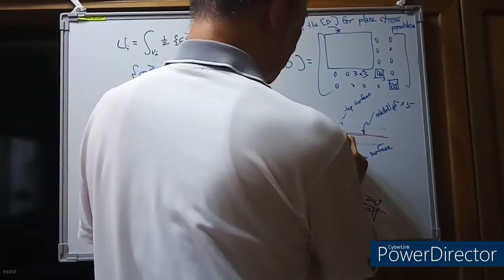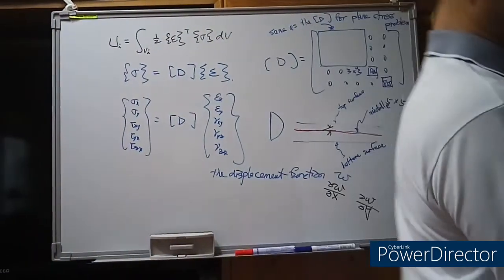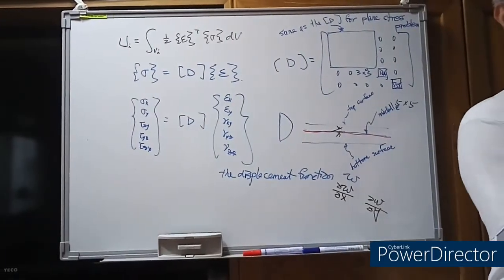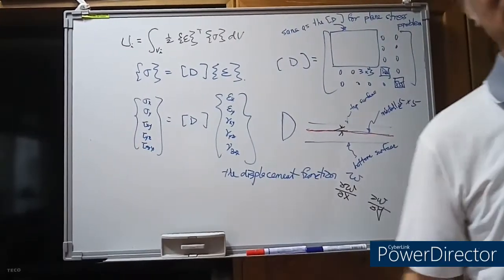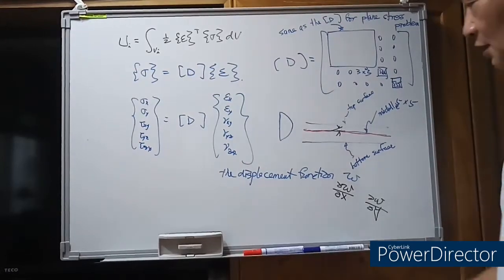They are the rotations about the horizontal axis, and also the theta x and the theta y.